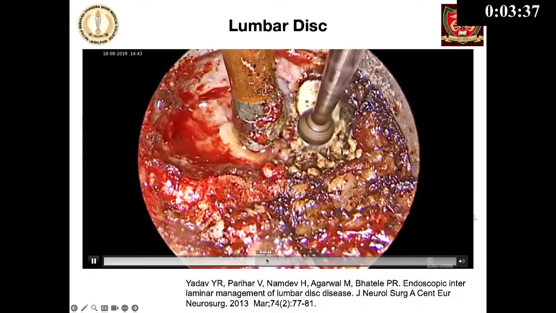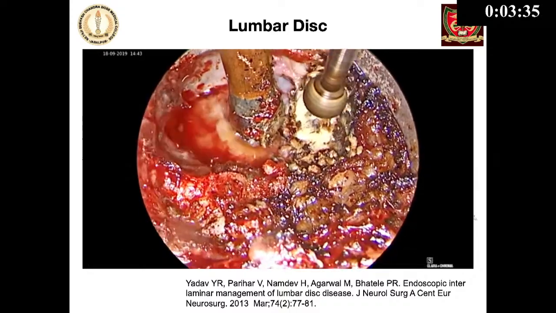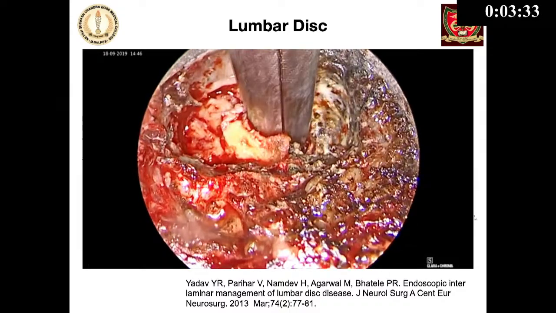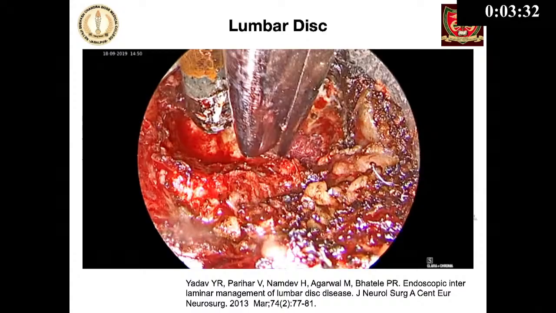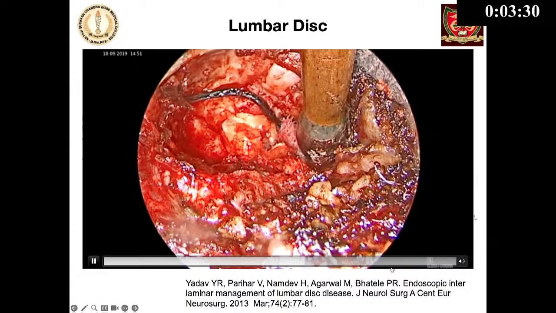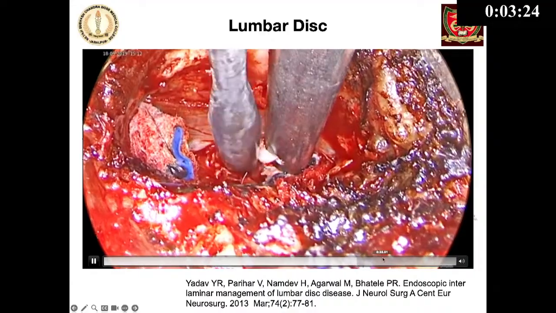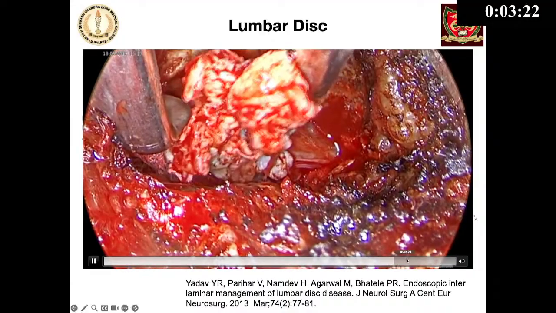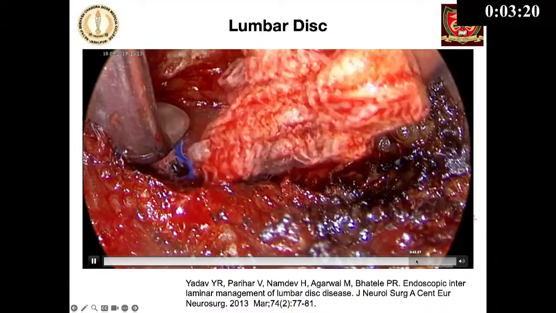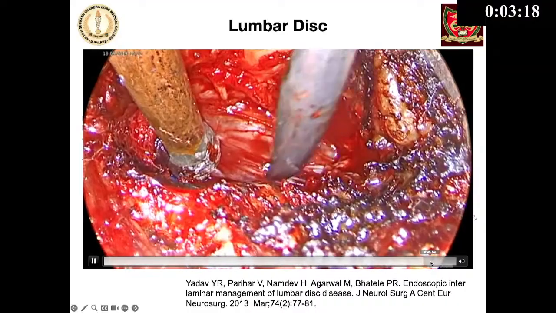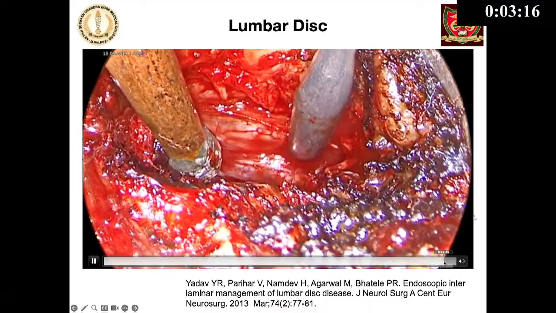This is the docking. The drilling of the L4 lamina was done. You can use simple microsurgical instruments.